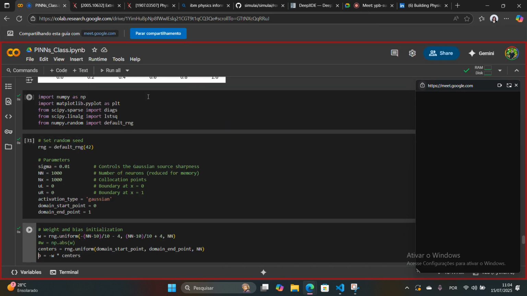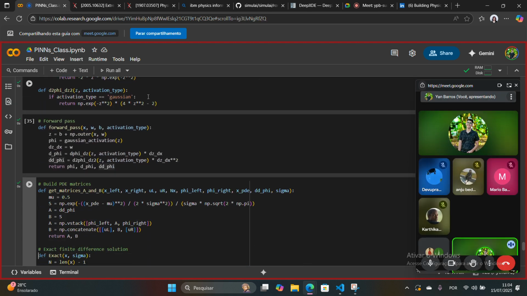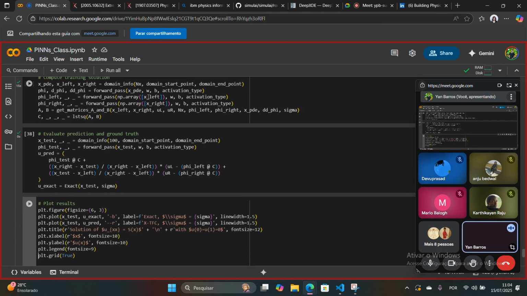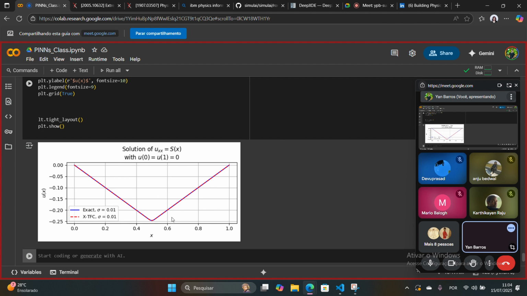Here we have the results of the XTFC model that I was trying to show you. Probably I will need to do another call for explaining more about those two concepts. They are not so simple to understand, but they are really, really powerful. And the time for generating the results is really, really faster.